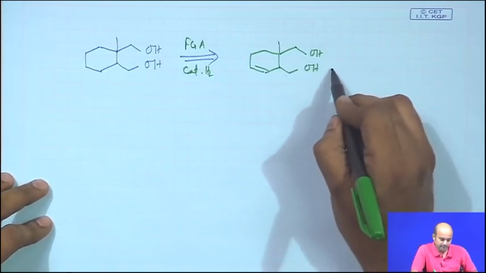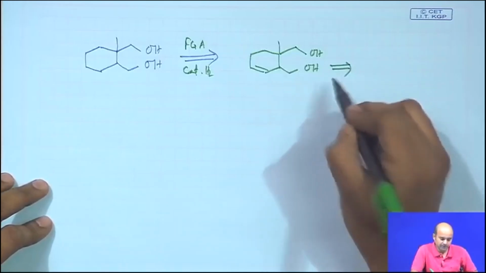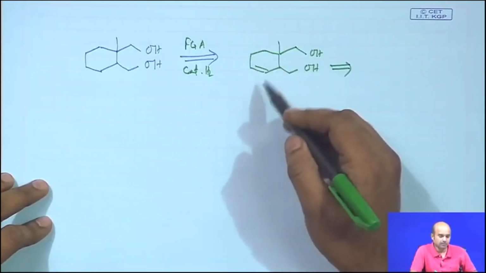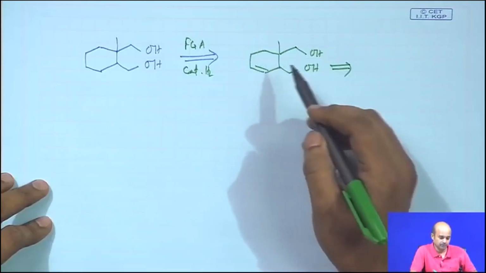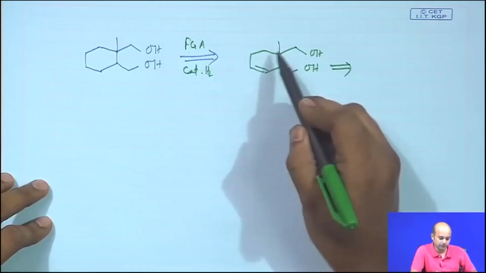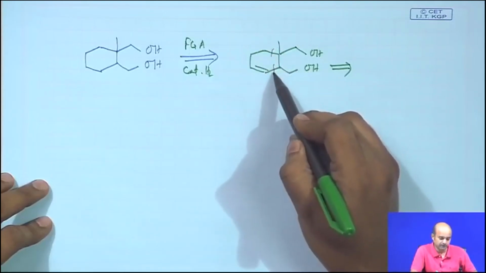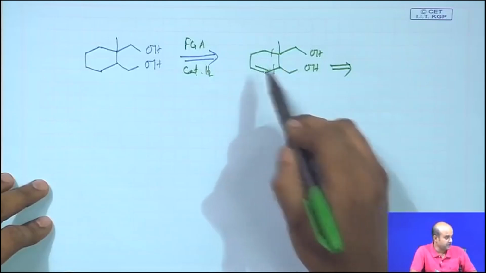So, now you basically cannot cut the molecule in a traditional Diels-Alder way. In the traditional Diels-Alder way, your diene should be this, but here the double bond position has been changed.